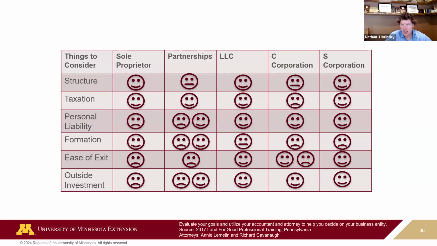Ease of exit, a little more complicated, right? It has a frowny face. And then outside investment, again, kind of that frowny face, because sole proprietor kind of limits some of that outside investment. Again, I'm not going to walk through every entity, but we can see the breakdown of good or bad in a very simple smiley face type of way.